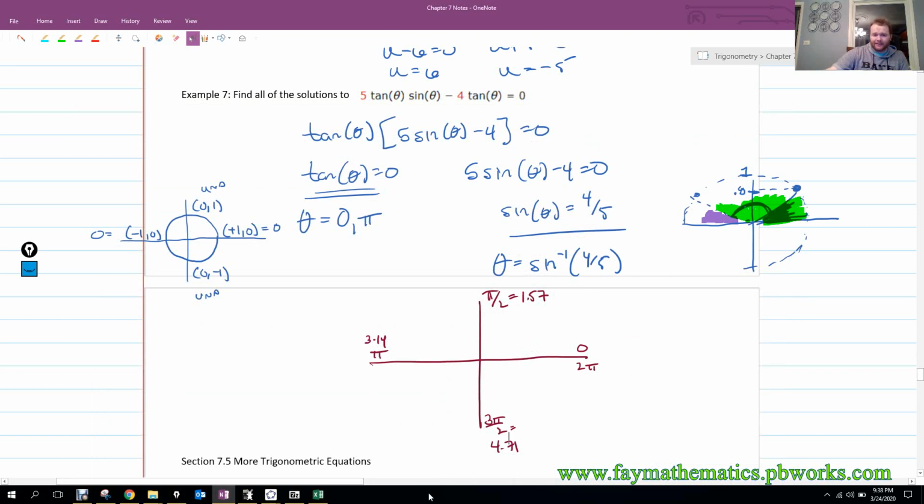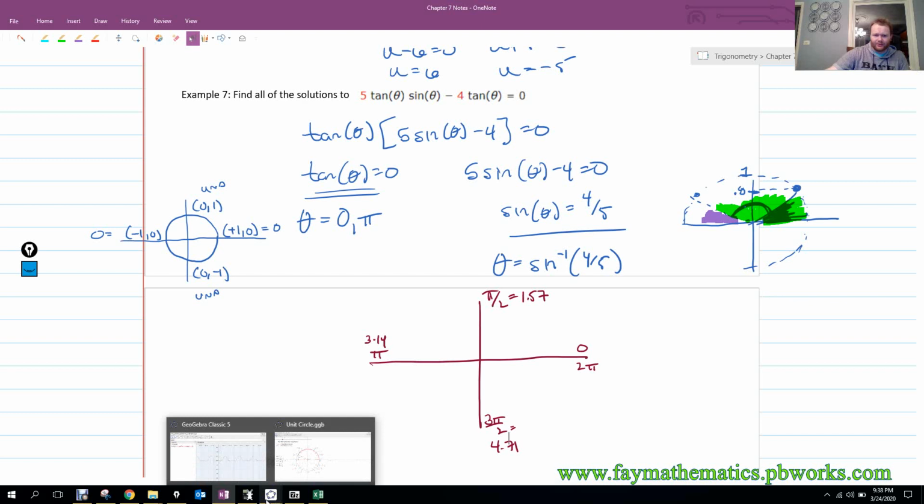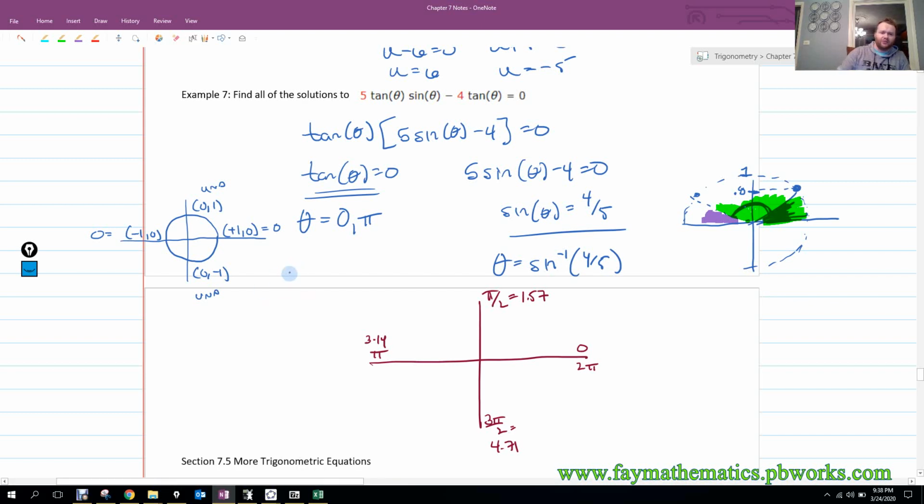Again, if we then needed to come up with the infinite solutions here, theta would be obviously 0 plus, because we use tangent in this one, it'd be plus pi k. Now I could write another one that says theta equals pi plus pi k.